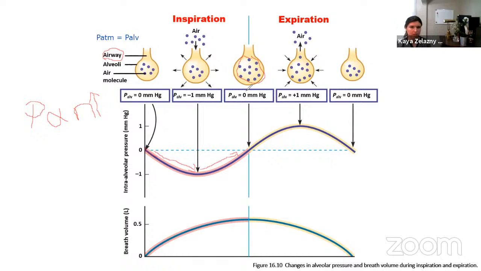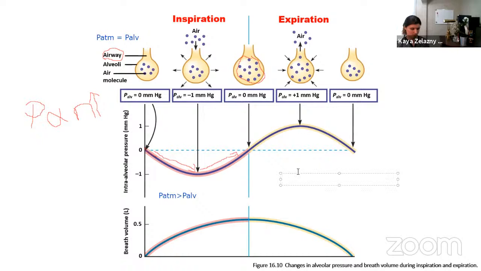This is important because, in order to breathe out, we are going to have to go from a situation where, in inspiration, our atmospheric pressure should be greater than the alveolar pressure. During expiration, we're going to need a positive number there for the alveoli.